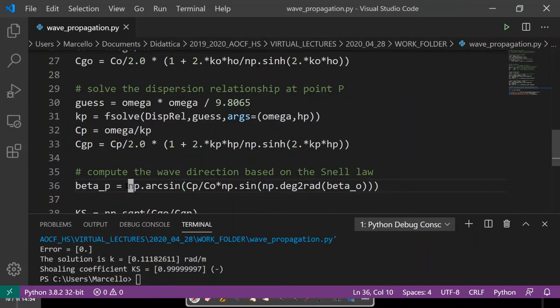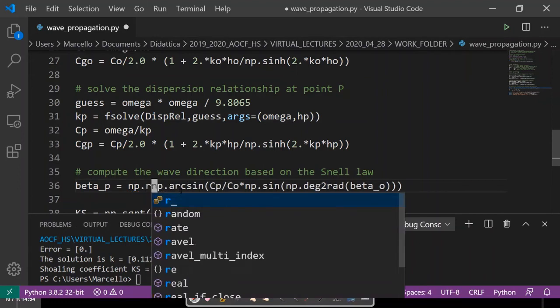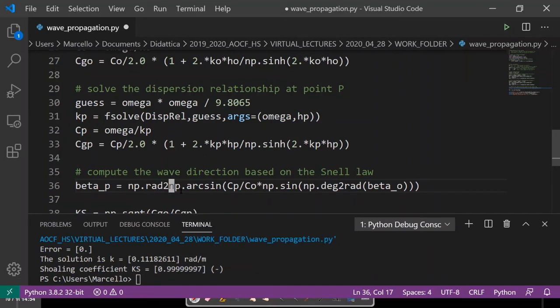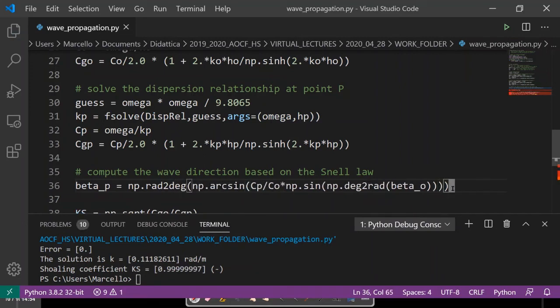Of course, it is not necessary, but it is useful to get the value of the wave direction at the point P in degree again. So we use more or less the same function that converts the radians to deg.